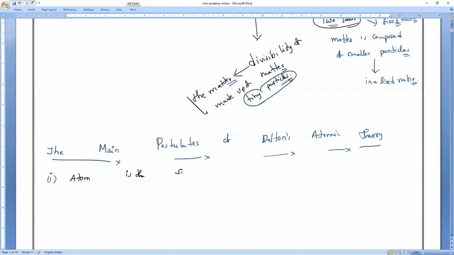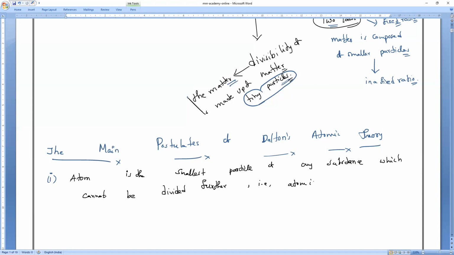Atom is the smallest particle of any substance which cannot be divided further. Do you understand, everyone? But of course, later it was proved wrong, because an atom can be further divided into protons, neutrons, and electrons, and we can separate them also. So what does it mean?